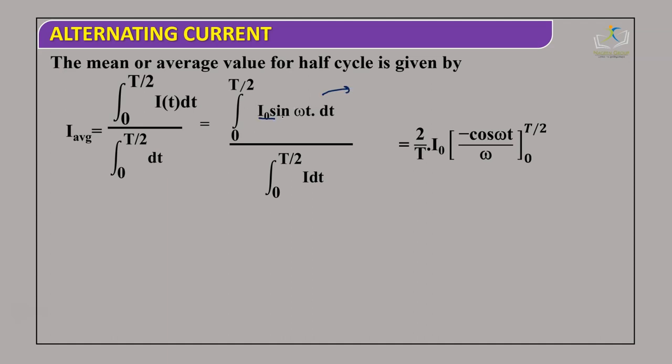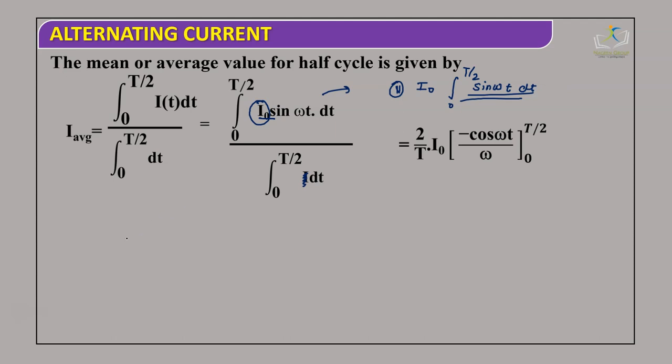I'll do a little bit of the solution. I naught is a constant factor, so I'll put it outside. What we get is the integral from 0 to T by 2 of sine omega t dt, which is the numerator part. The integration of sine omega t is minus cos omega t.